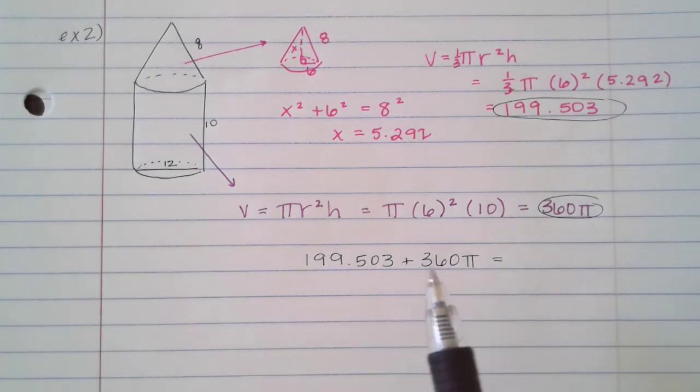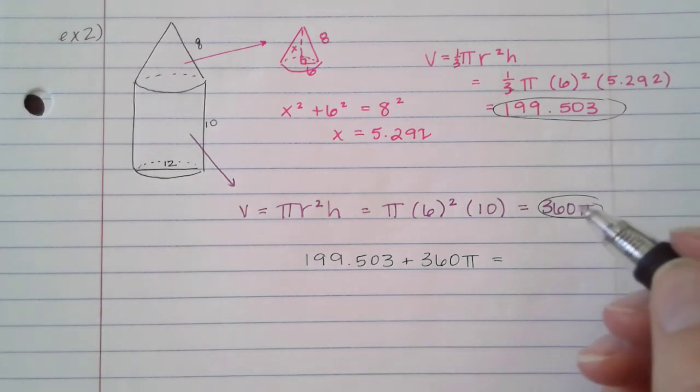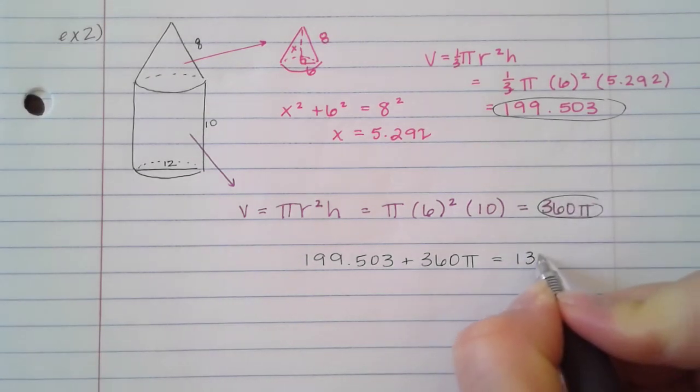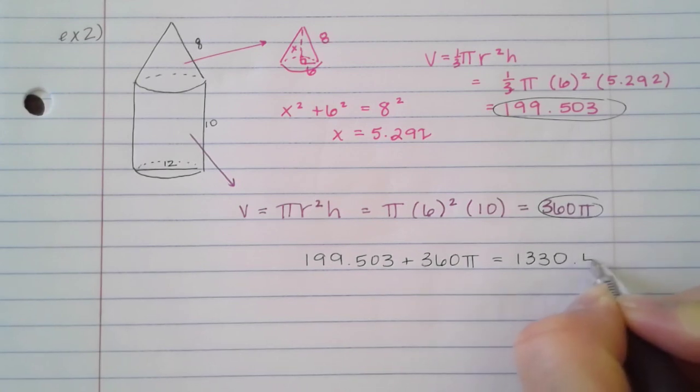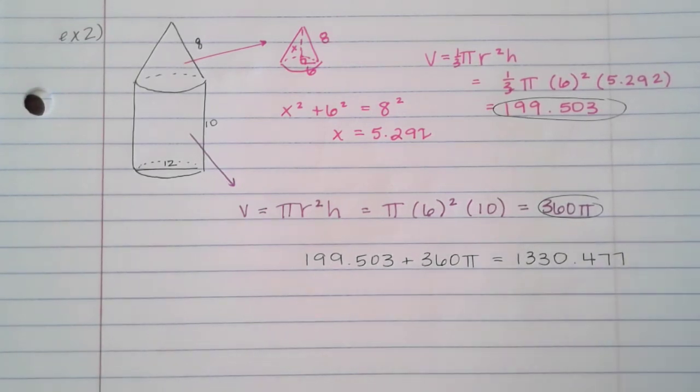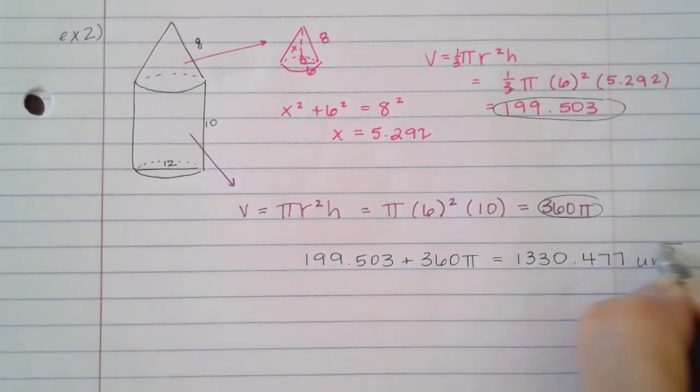Don't actually type in 3.1 or 3.14 because that's not going to give you a rounded answer that's close enough. You add it all up and you get 1,330.477, which would actually be like 1,330.5 if I asked you to round to the nearest tenth, units cubed.